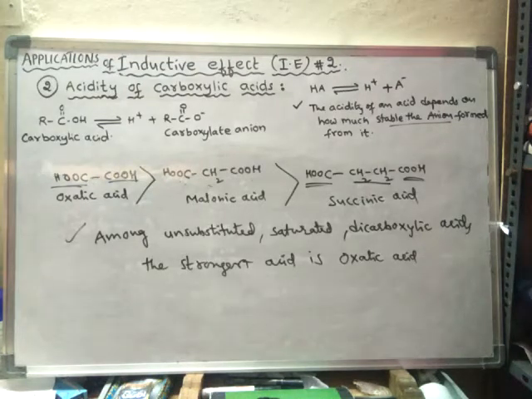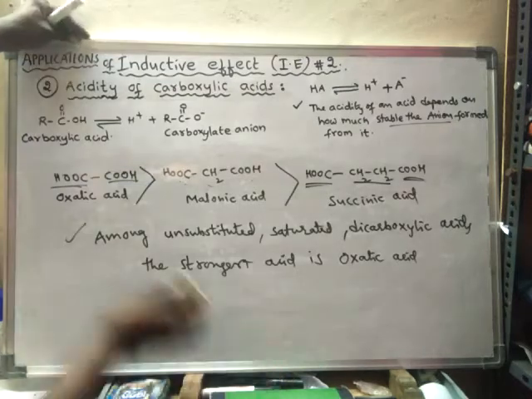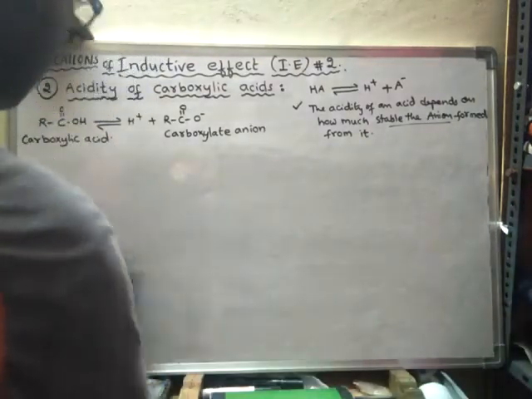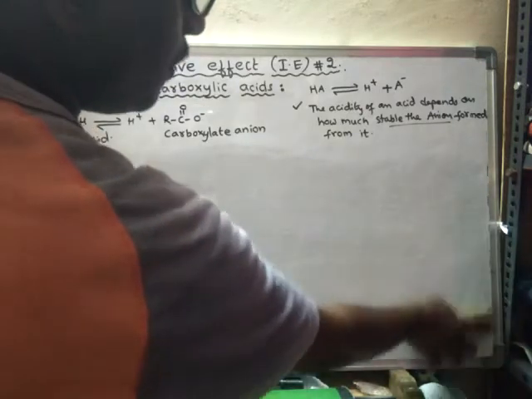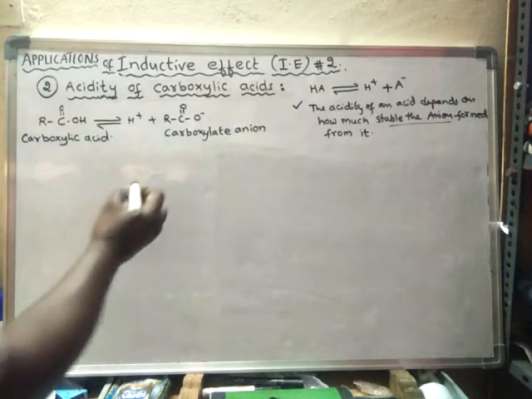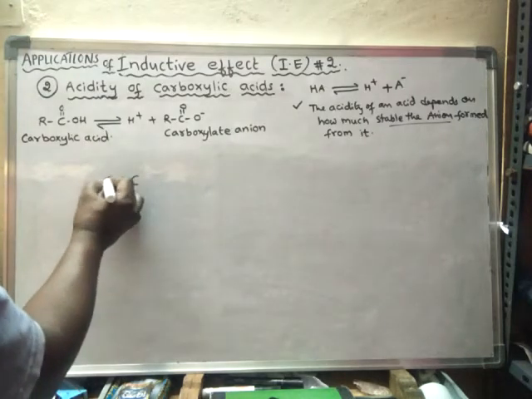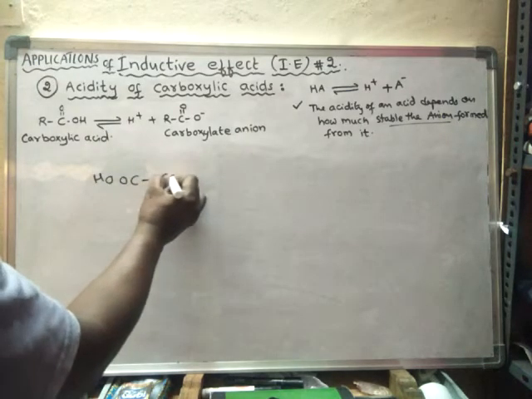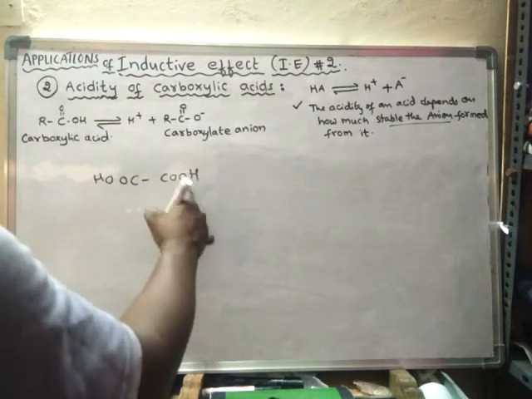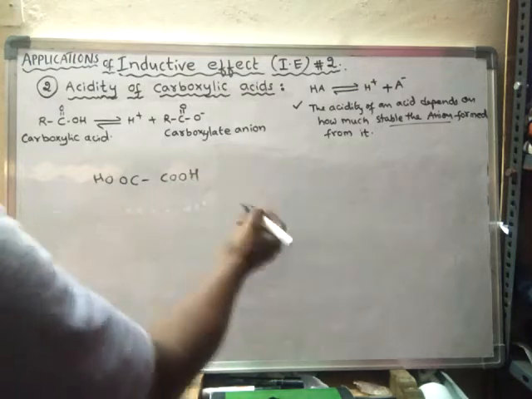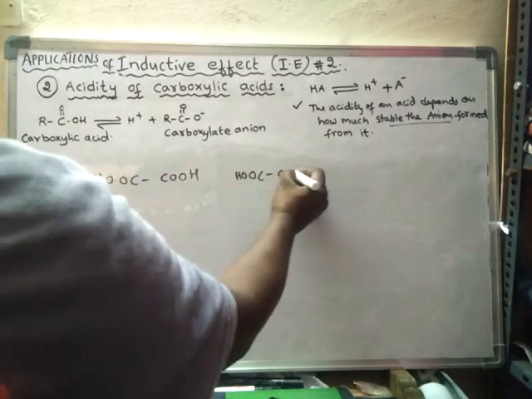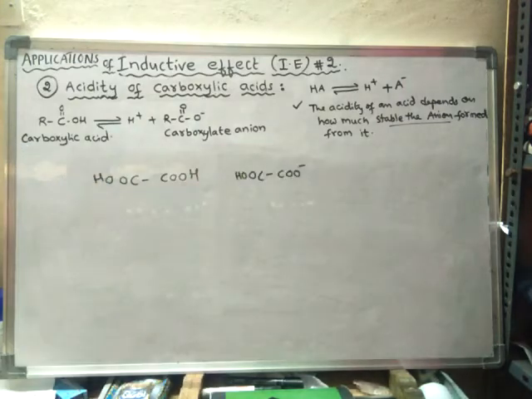Next we will compare the acid with the carboxylate ions. For example, take the same oxalic acid. If it loses one proton, it converts into COO minus.